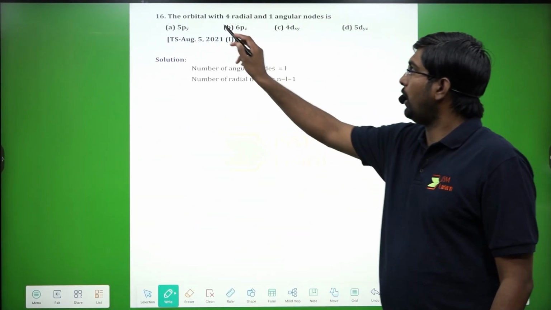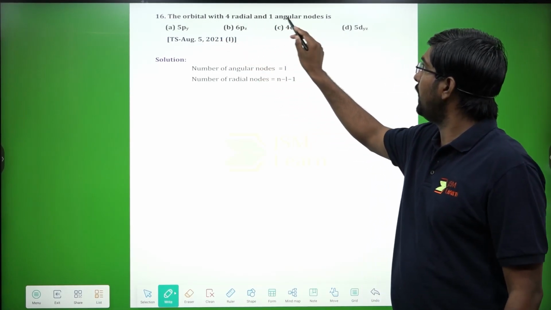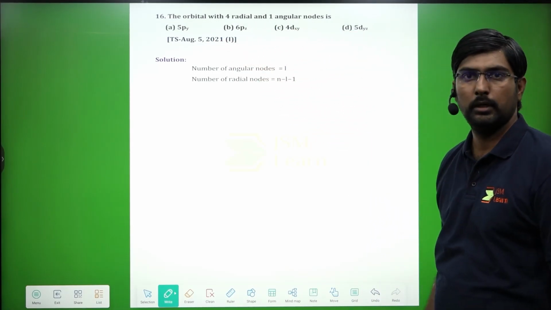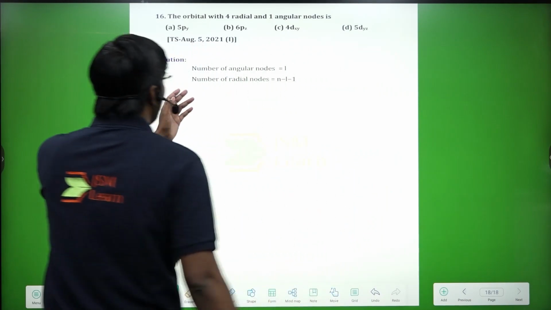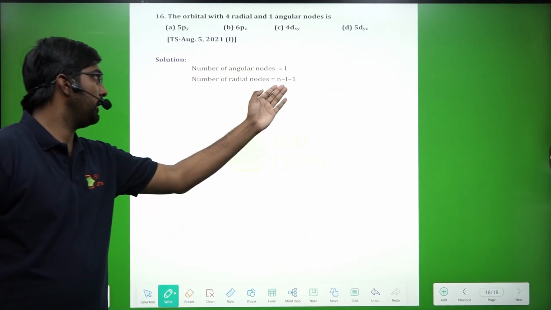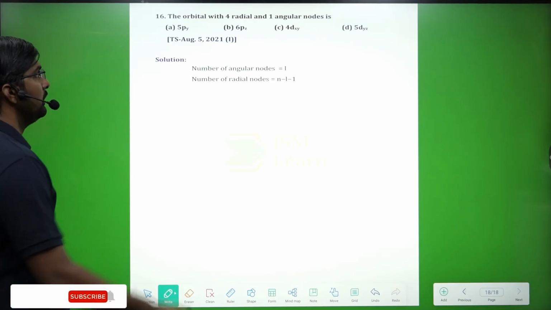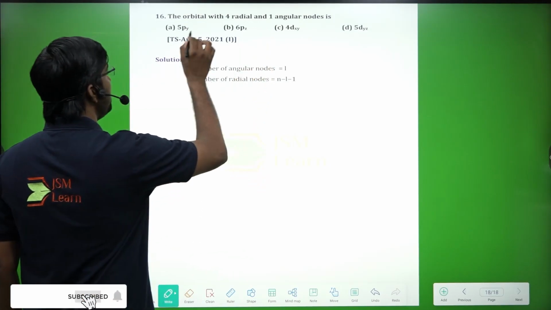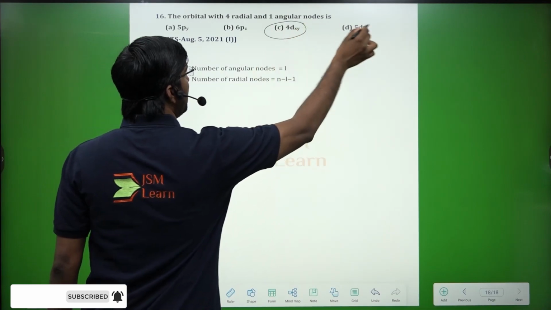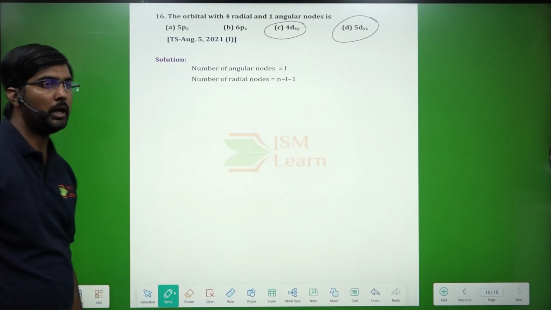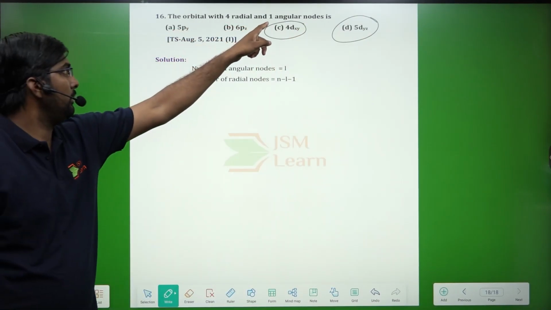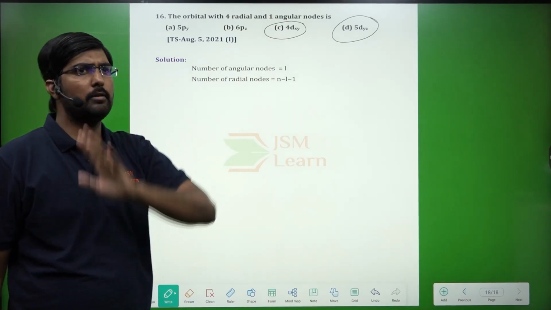Next, the orbital with 4 radial and 1 angular nodes is? The number of angular nodes is L, and the number of radial nodes equals n minus L minus 1. Just now we discussed it. So one angular node. Again you can eliminate these two options, because for p orbital only one angular node is present.